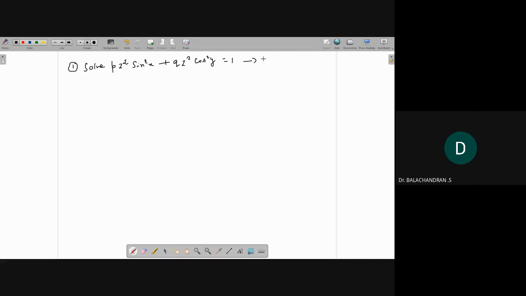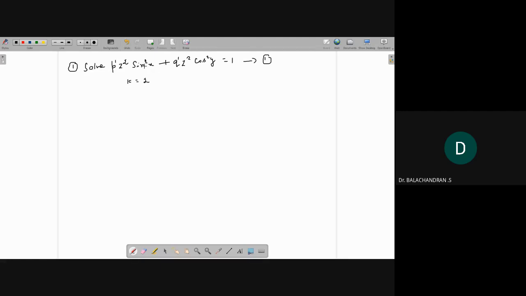This is equation number 1. Here you can see that P is with Z and Q is also with Z, and P is power 1 and Q is also power 1. So you can easily identify K value, K equal to 2.